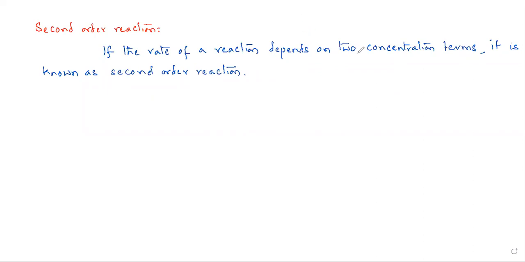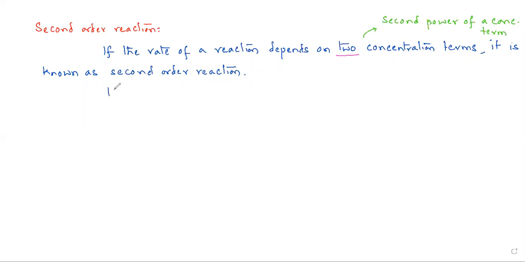Rate of reaction depends on two concentration terms. Or you can say that the rate of reaction depends on second power of a concentration term, or on first power of two concentration terms. So that way it can be given.